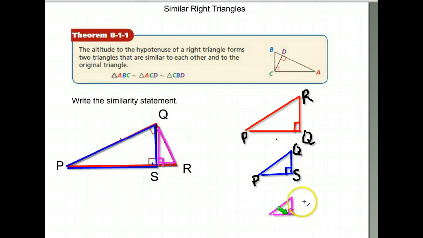Okay, so when I draw that shortest one again, start with your right angle and go, okay, what letter should be at my right angle? Should be S. Then you go, okay, where's my short side? There's my short side. It should be S with an R on the other end. So in my picture, the short one should be an S with an R on the other end. And then here, my long side was an S with a Q on the other end. So same thing here, S with a Q on the other end.